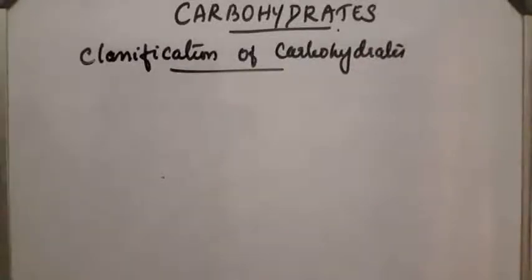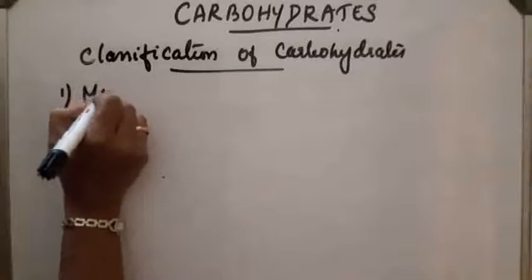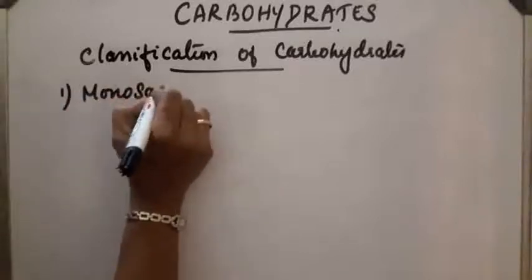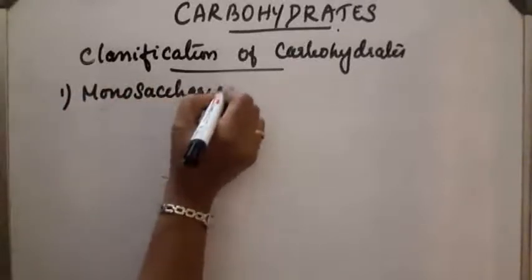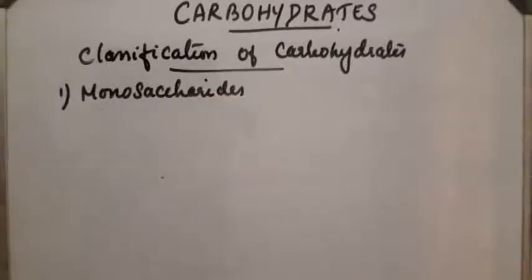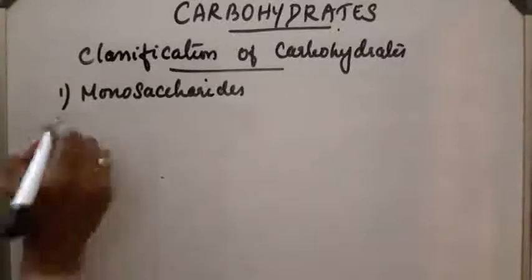On the basis of their behavior on hydrolysis, they are divided into three groups. First one is monosaccharides. Monosaccharides are sugars which cannot be hydrolyzed into smaller molecules.